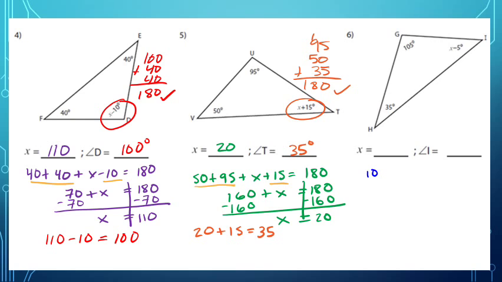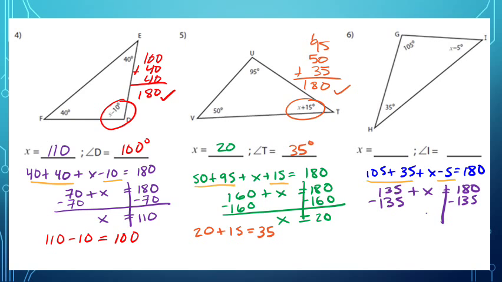So 105 plus 35 plus x minus 5 equals 180. Combining like terms, 105 plus 35 minus 5. So 105 plus 35 will give us 140, minus 5 would give us 135, plus x equals 180. Again, we're going to go ahead and subtract 135 from each side.